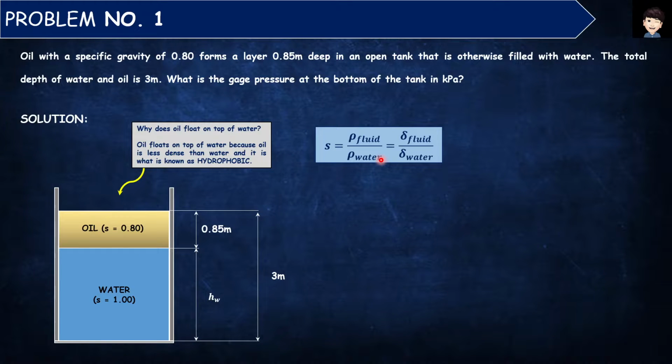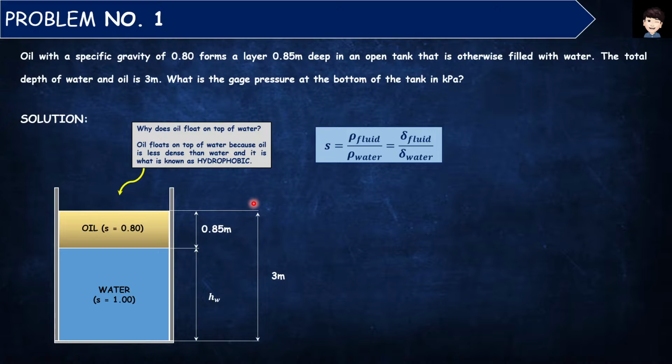Kasi sa fluid mechanics or hydraulic engineering, the most common reference fluid is water. So kung isa-substitute natin yung density ng water sa density ng fluid, density of water over density of water, malamang ang lalabas ay 1. Kaya specific gravity ng water ay 1.